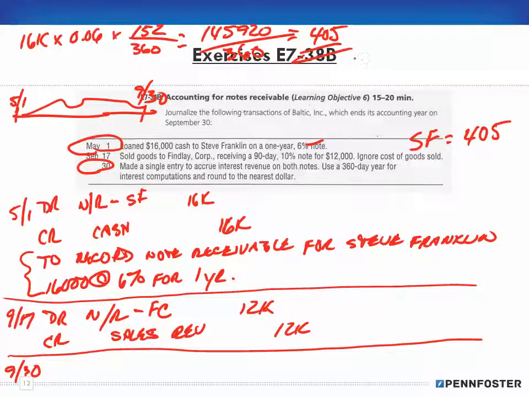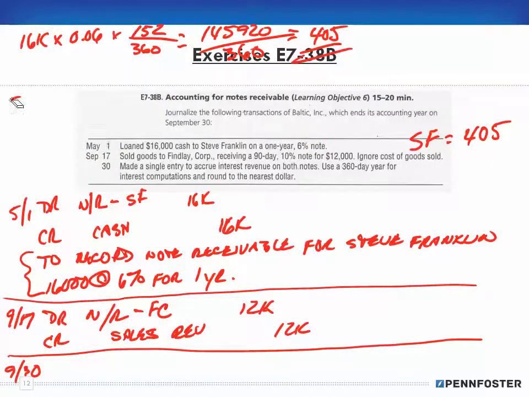And now let's do Finlay Corp. Gina Baldwin has a problem. So 12,000 times 0.06 times, and again, this is over 360.